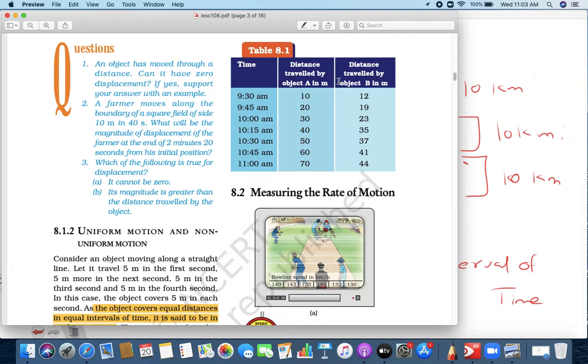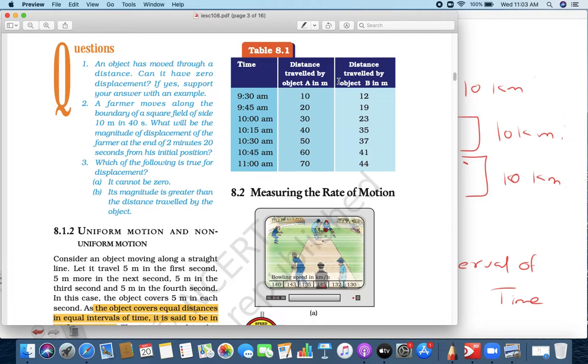If an object is traveling equal distance in equal interval of time, it is said to be in uniform motion, right? Now look at object B.